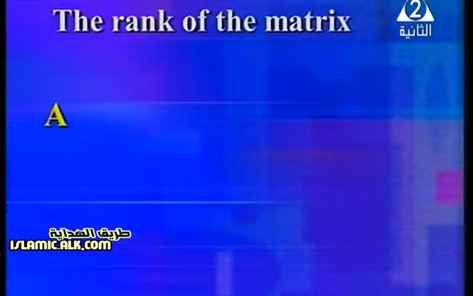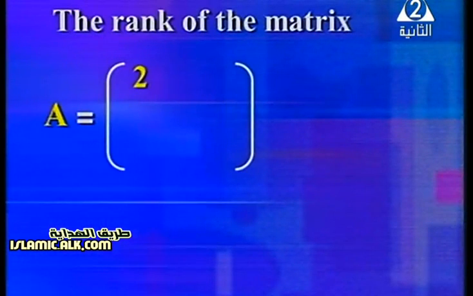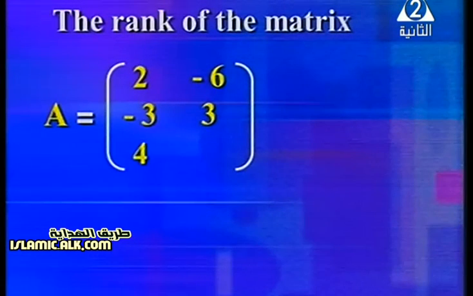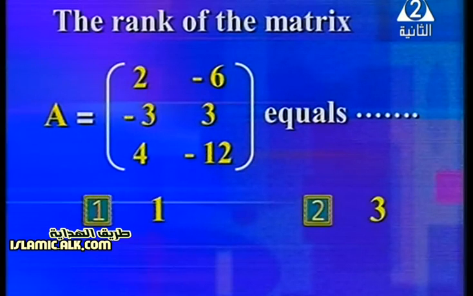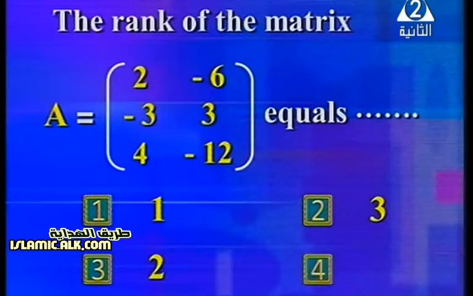The rank of the matrix A = (2, -6, -3, 3, 4, -12) equals what? The options are 1, 3, 2 or 0.